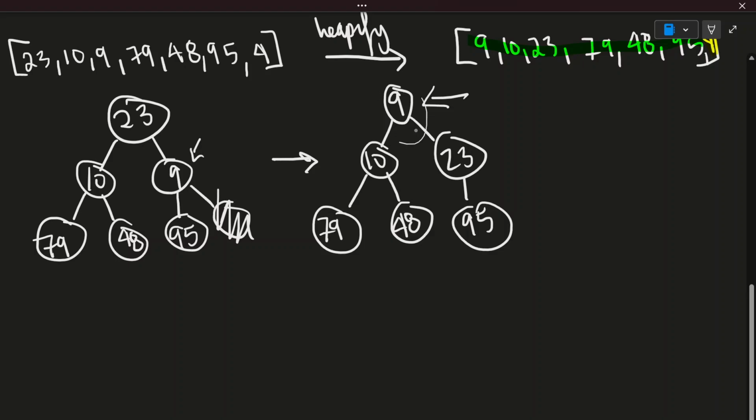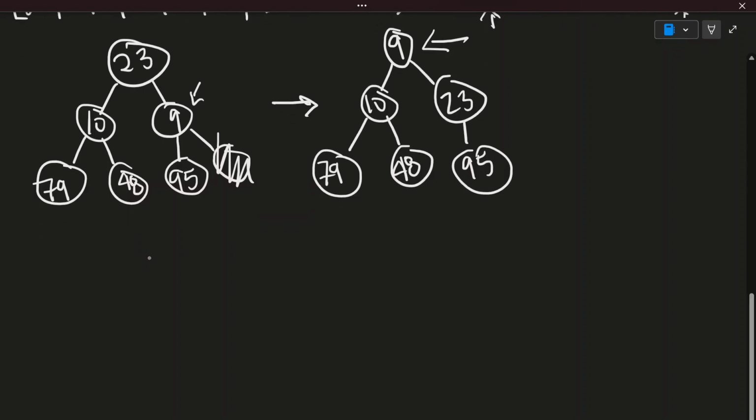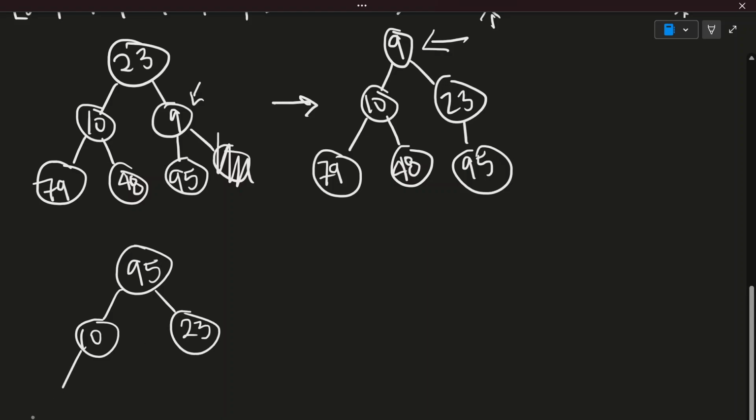So our new top is 9. That's our new top. And the last element in our heap is 95. So let's swap these two. Now let's remove 9 from the heap and put it into the sorted part of the array.